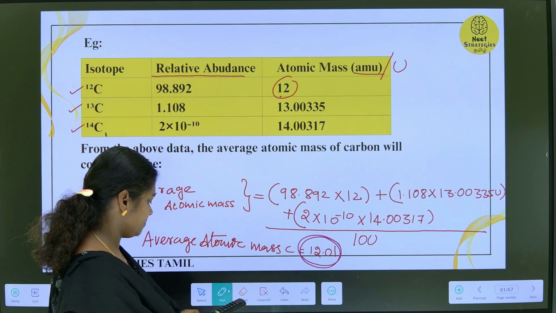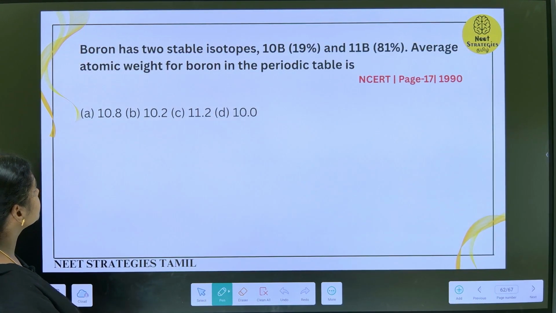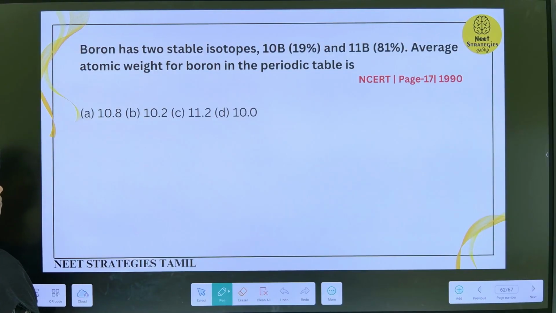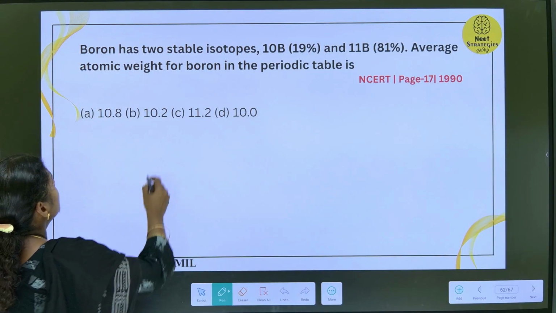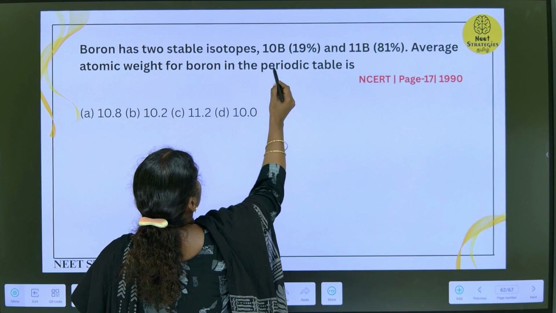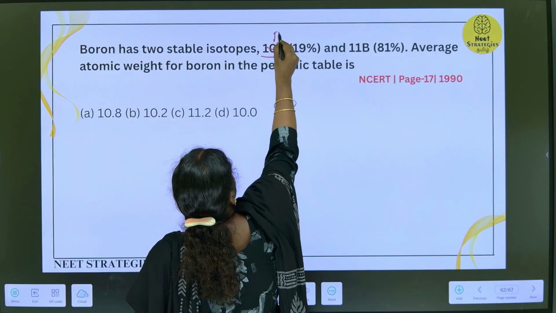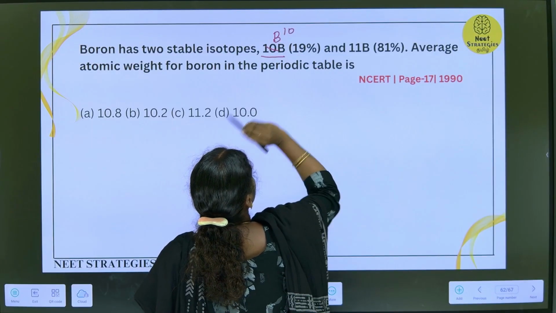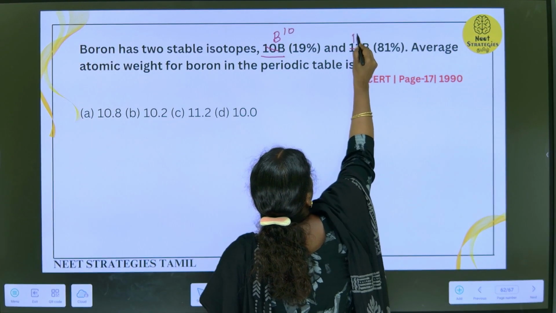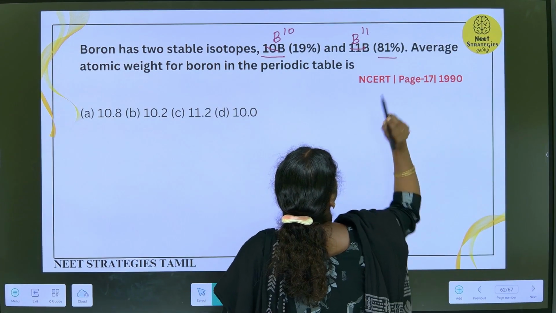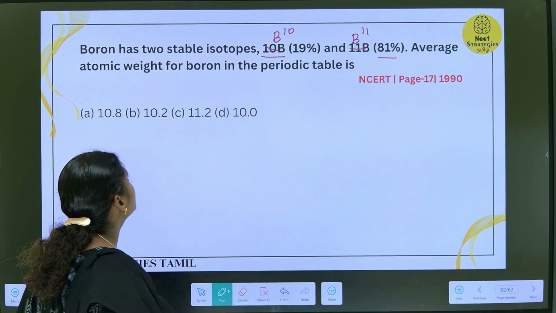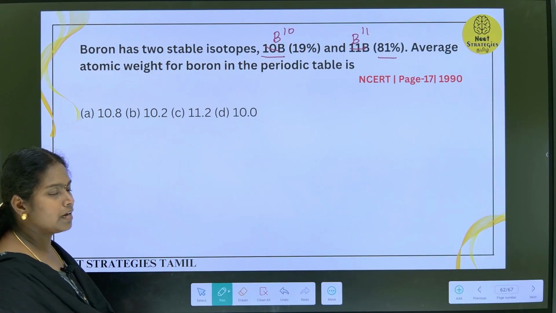Okay, right. Next one, they have given a similar problem, let's work it out. 2 stable isotopes. Okay, this is not 10B, actually boron 10. We can write it as boron 10 19%, boron 11 81%. Average atomic weight of boron in the periodic table.